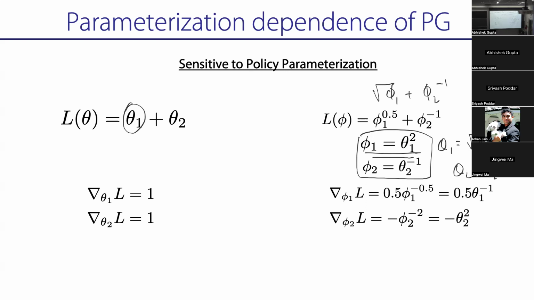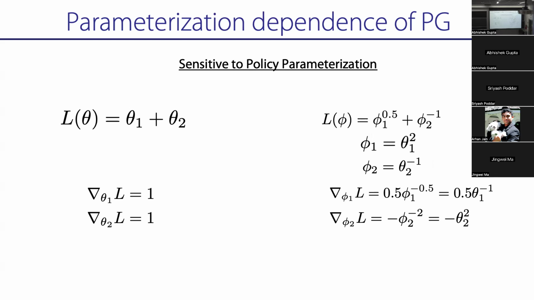What happens then is that if you compute the gradient with respect to phi1 and phi2, you get 0.5 phi1 to the negative 0.5, and you get negative phi2 to the minus 2.